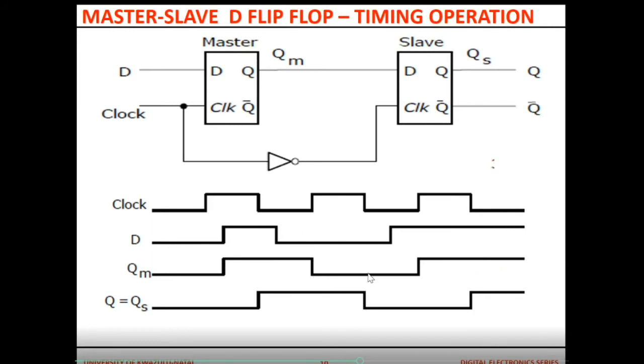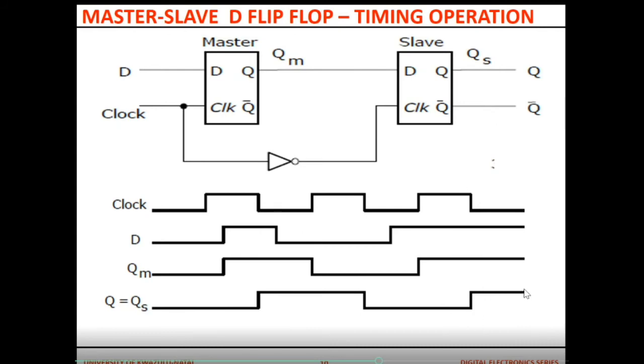There it is in memory. When the clock goes high, it follows D and goes up. Then QS follows QM when the clock goes low. So when it goes low, it follows QM and comes high. Then it waits until the clock goes low, follows that low. When it goes low, it goes high.